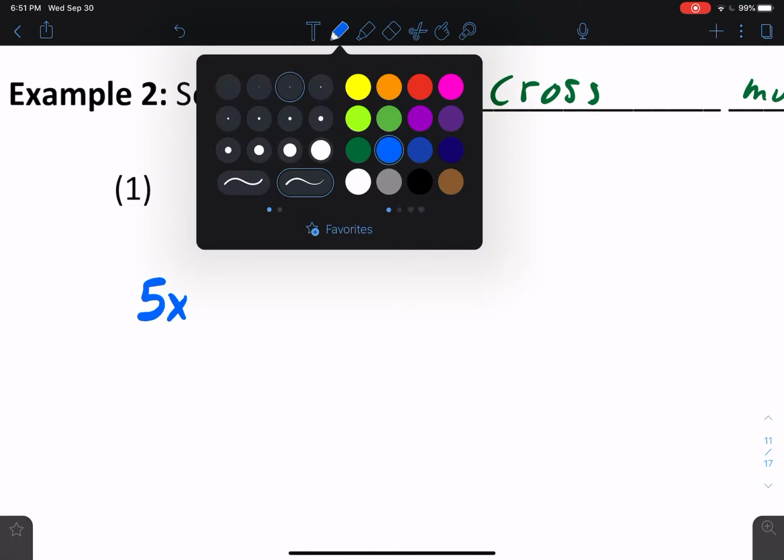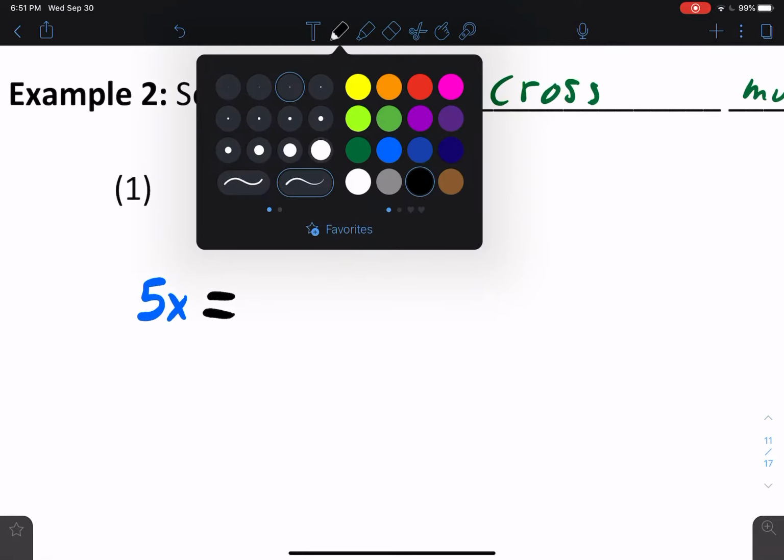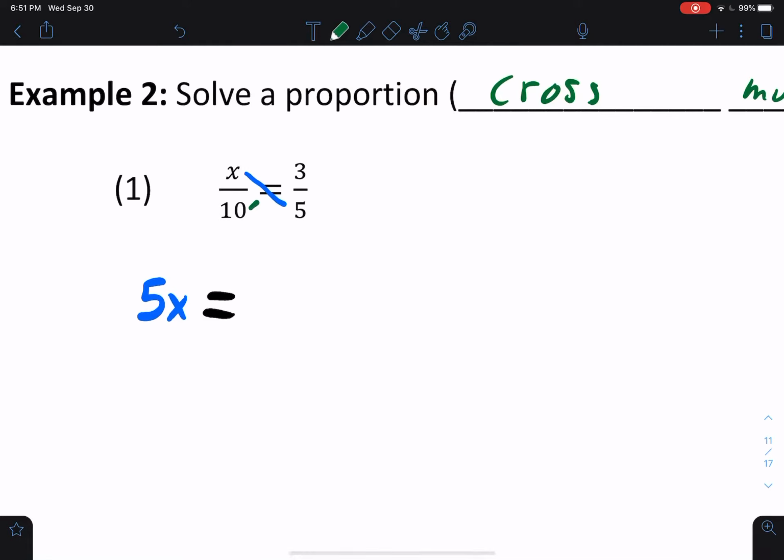Now I'm going to drop the equal sign, and I'm going to multiply the other cross now. 10 times 3, which is 30. Notice how this started as an equation, x over 10 equals 3/5. When I cross multiply, it's going to make it all become one line. There aren't going to be fractions anymore.